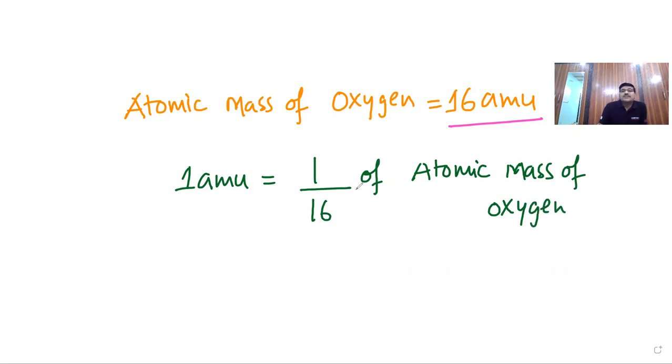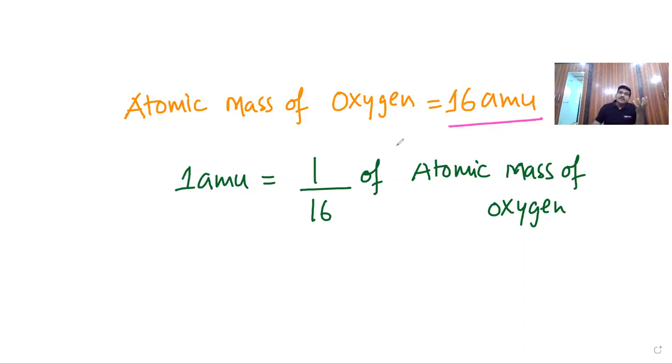I have just taken the reverse. 1 AMU can also be expressed in terms of the oxygen atomic mass, so 1 by 16 of the atomic mass of oxygen. Is it clear?